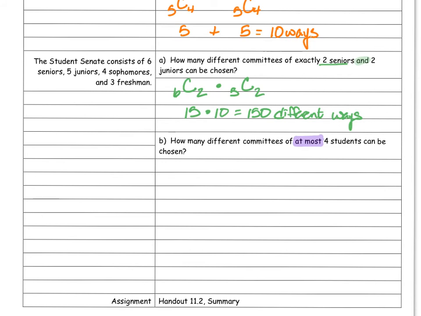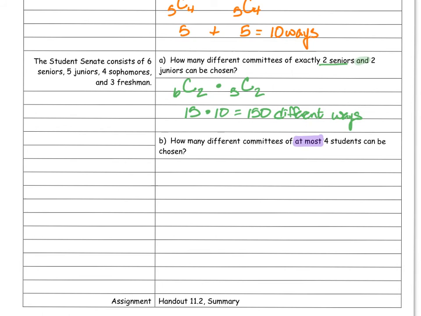It doesn't say what grade they're in. Doesn't matter if they're freshman, sophomore, junior, or senior. They just want at most 4, or 3, or 2, or 1. Okay, so I have to find a whole bunch of stuff here.